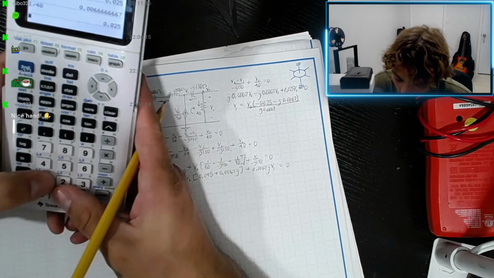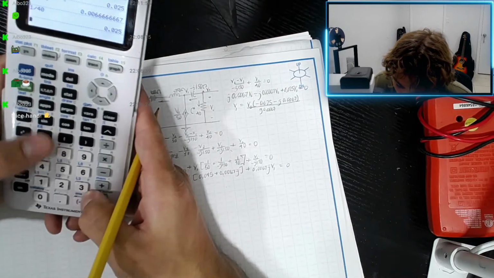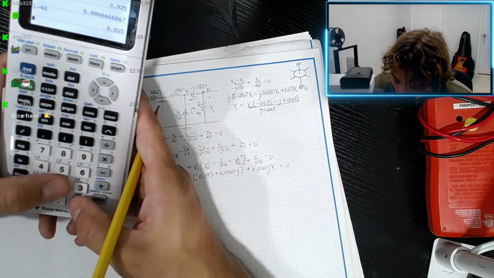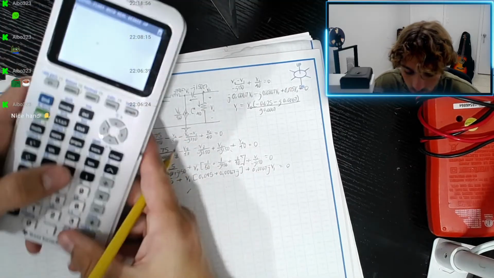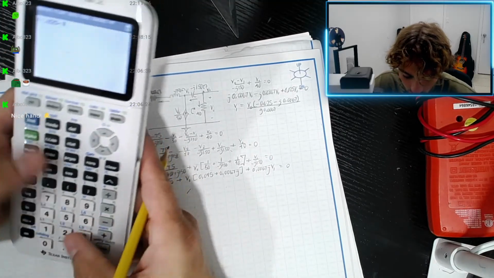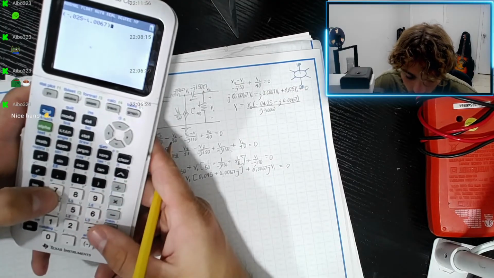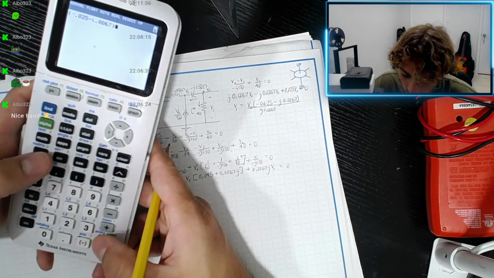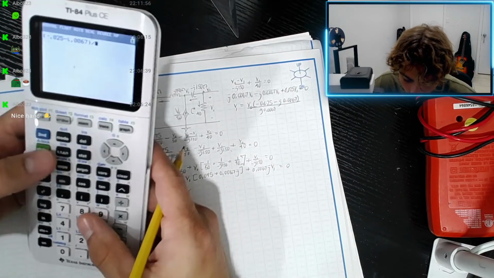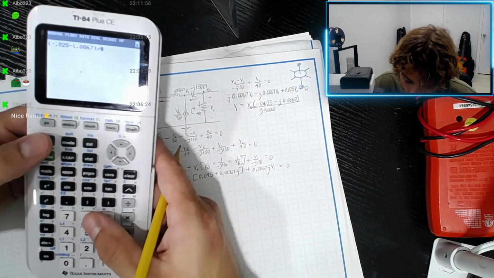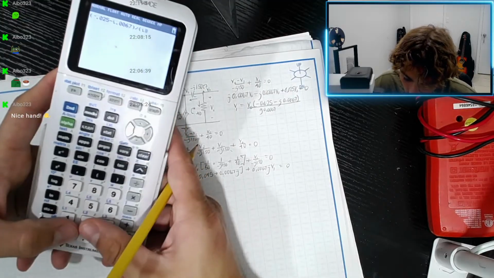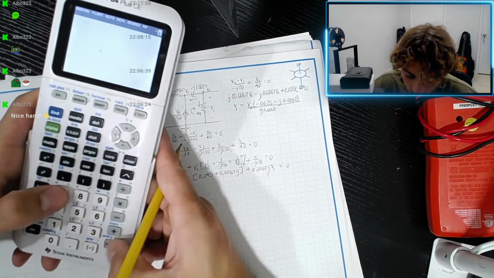Yeah, that'd be it. So we should be able to compute that now. Let's put it like this: negative 0.025 minus J 0.0067, divided by J 0.0067.